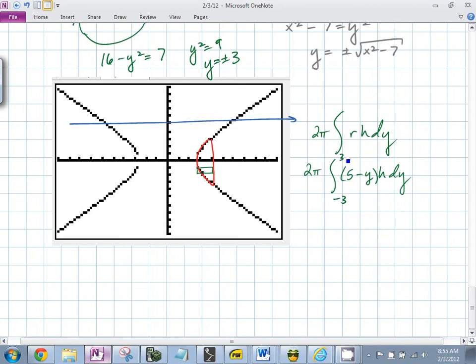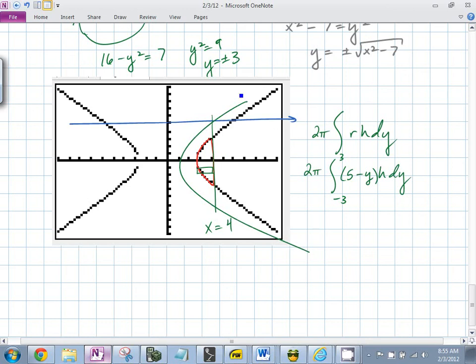Now the height we have to be careful about, right? The height is in terms of y. So we know that value right there is x equals 4. And we need the distance from that line to that curve.